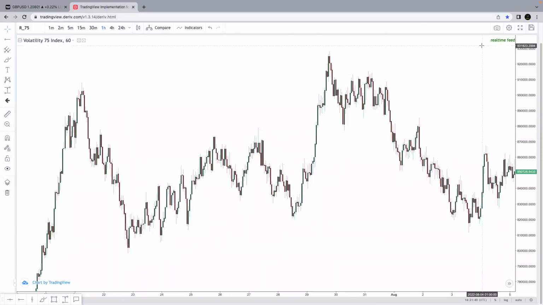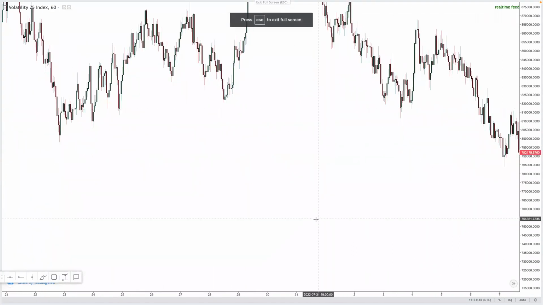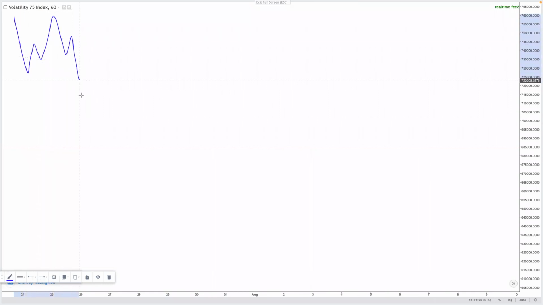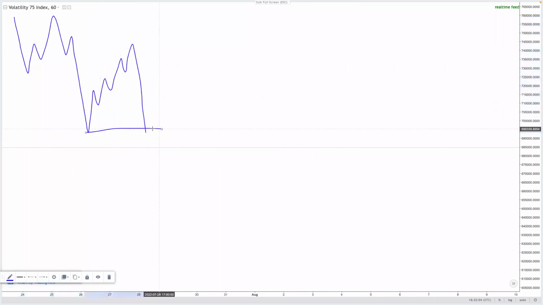Another structure we're going to look at is called the break and retest structure. So let's say we have a downtrend right here. Price may break this structure to give us a confirmation that we are still on a downtrend, right?